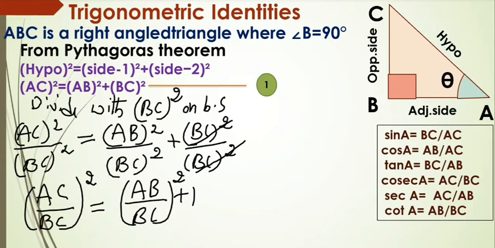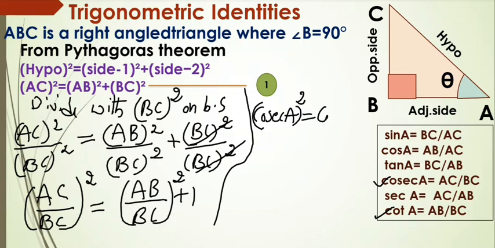Now replace the values. AC by BC is nothing but cosecant A, and AB by BC is nothing but cot A. Just replace that. We will get cosecant A whole square is equal to cot A whole square plus 1.